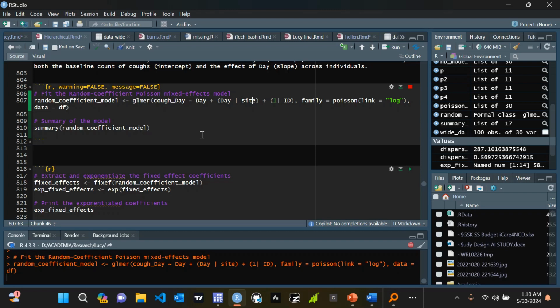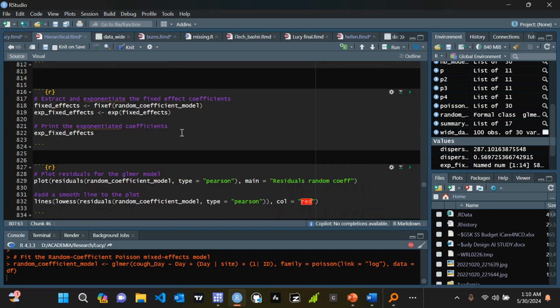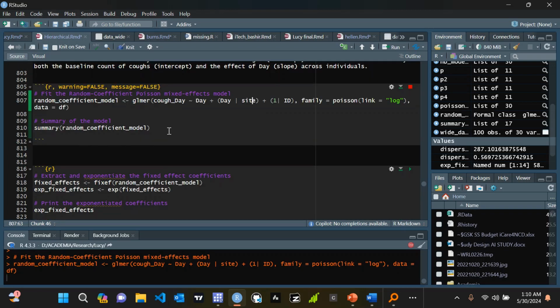But now it's going to take many iterations on its own to converge this model. So let's give it time to converge, and we can go ahead. I hope it won't take a minute.